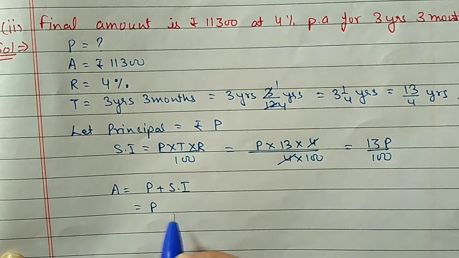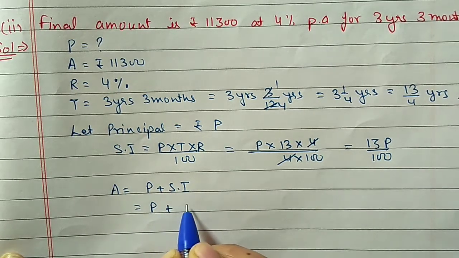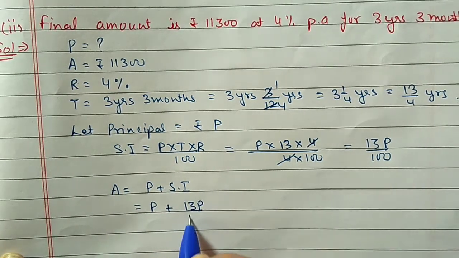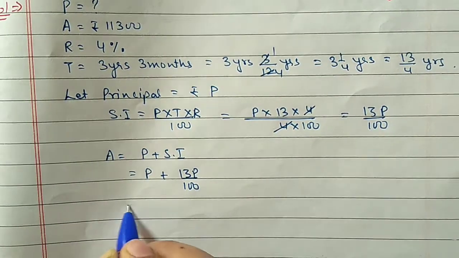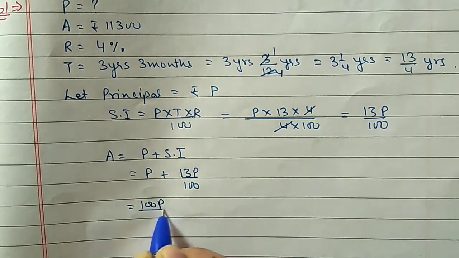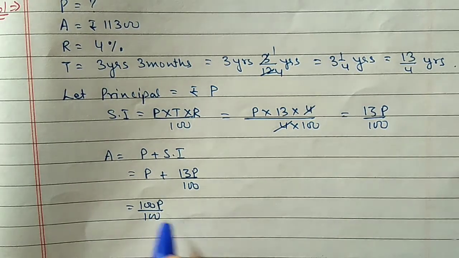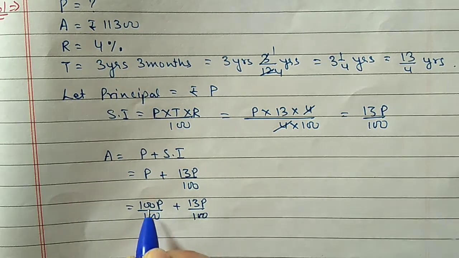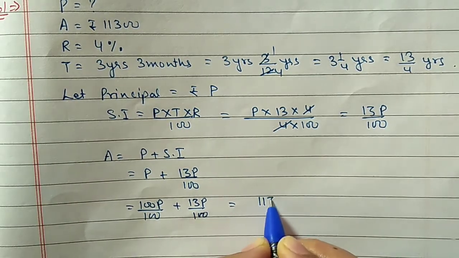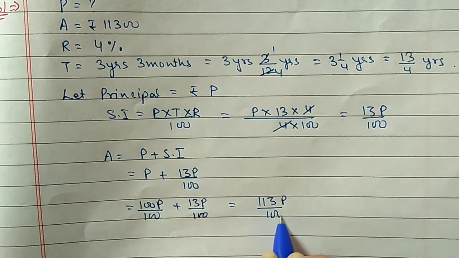So amount will be P plus simple interest. P is P only that we have taken, and simple interest just now we have calculated, 13p/100. So this denominator we can make the same. We can write it as 100p/100 and then 13p/100. So when we add, we will get 113p/100.